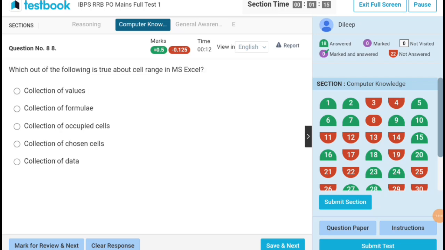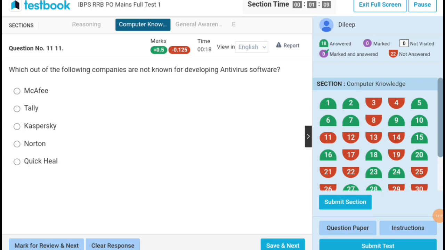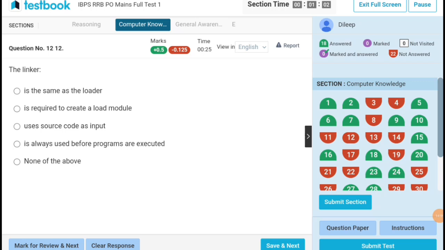Which out of the following is used for developing antivirus software? The linker is required to create a load module.